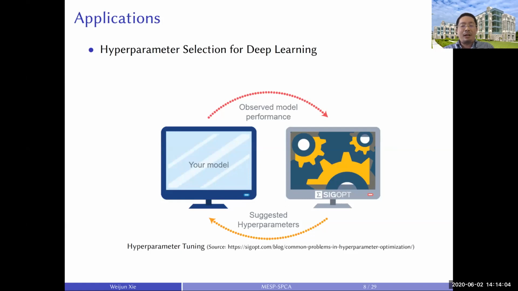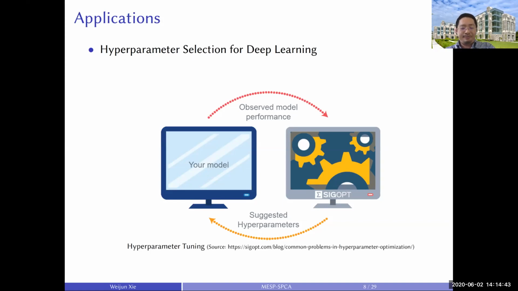For example, how many layers do we need, and even what kind of optimizer we want to choose for deep learning, that's also a question. If we just simply enumerate all the possible parameters, it can cost a lot of time to tune deep neural networks. So for hyperparameter selection, we have different types of hyperparameters, and we choose the best combination, which can save a lot of computational time while we still train the model very well.